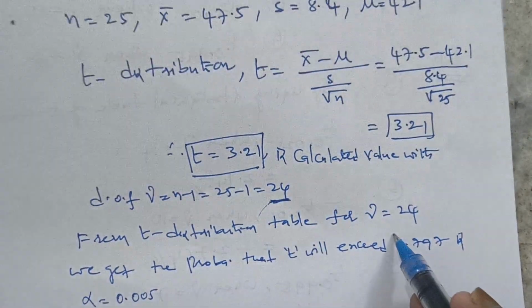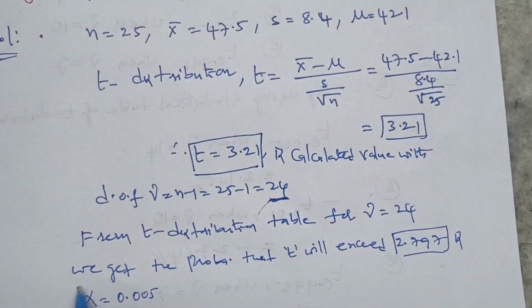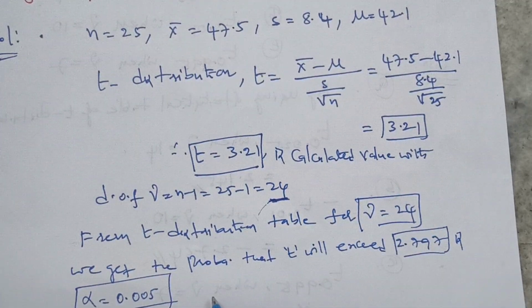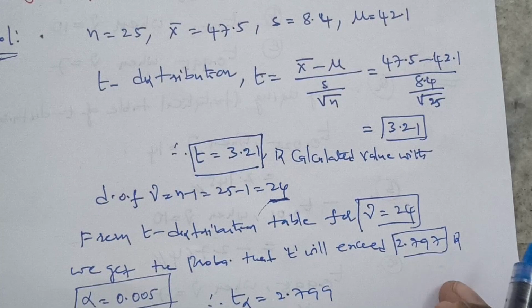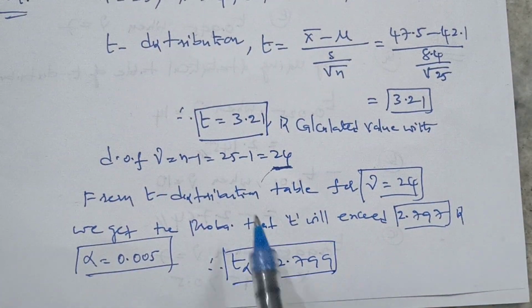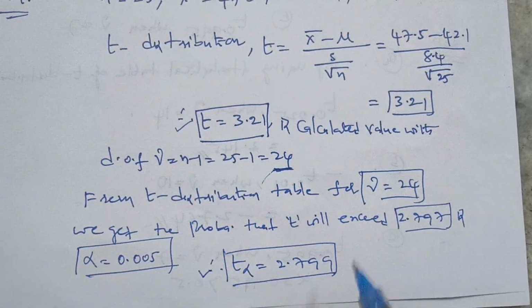So this is the tabular value at alpha 0.005 at degrees of freedom 24. It is denoted by T alpha, that is 2.797. So this is the calculated value and this is the tabular value.